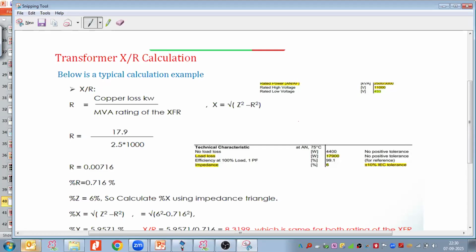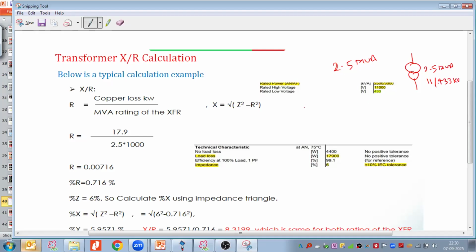So let us see, the transformer rated power is 2.5 MVA, and the primary side data, let us take a transformer which is 2.5 MVA and 11 by 0.433 kV.